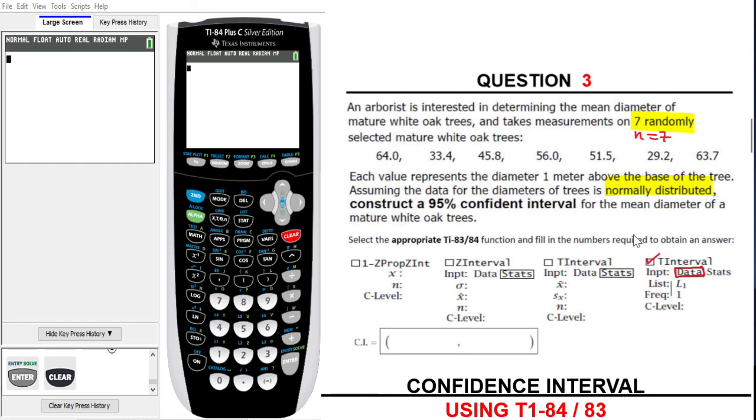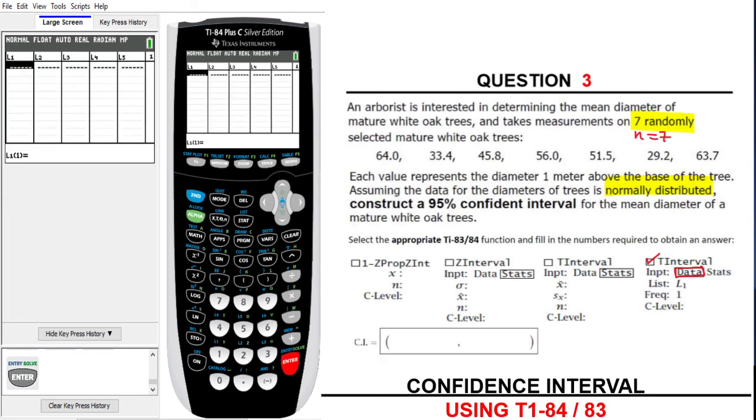If you are given the raw data of the sample, you have to go to the editor and put in the information. So we go to start and then edit, and we press enter, and then we're going to put in the information that we have been given.